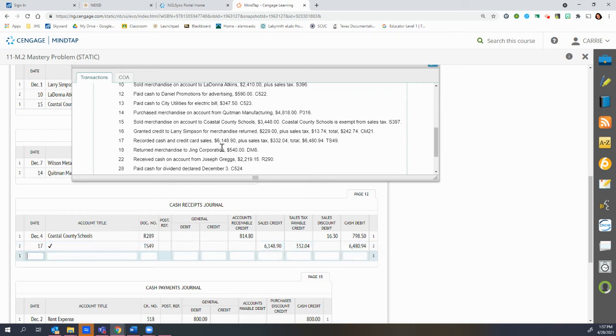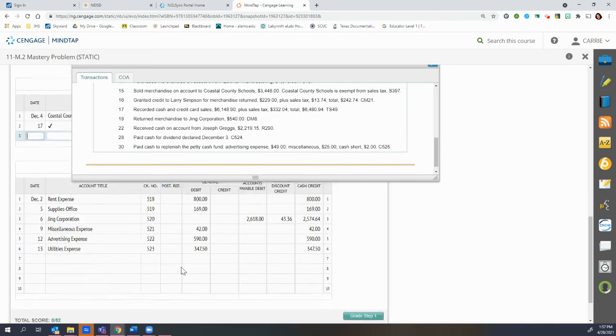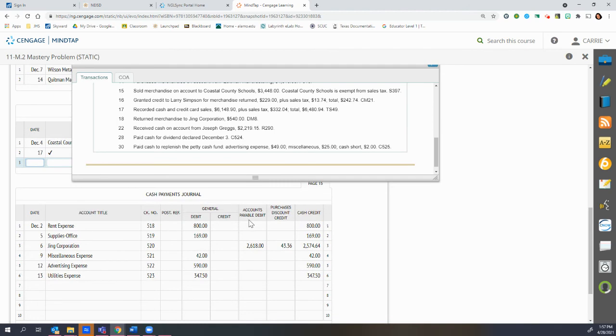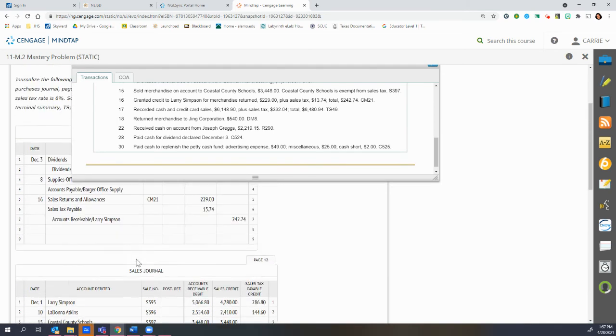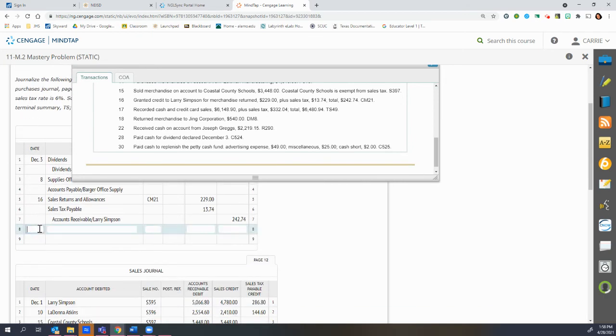Okay. We return merchandise to Jean Company. So what I like to do is I like to look where I did Jean Company. There it is. I have an accounts payable for them. I owe them money. So we are coming up here to our general journal. And this happened on the 18th. And it's a payable. So it's accounts payable.